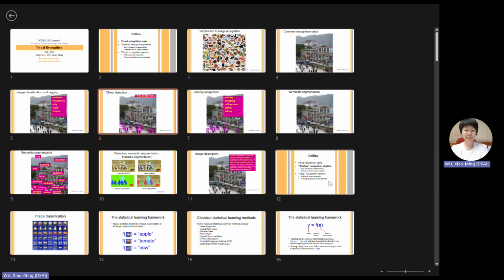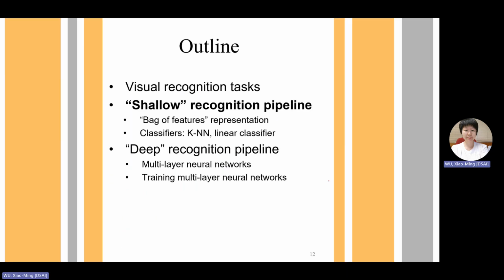Now before diving into deep learning or the deep recognition pipeline, let's first review the classical statistical learning pipeline, which refers to the shallow recognition pipeline, and some basics like how to train a machine learning model.